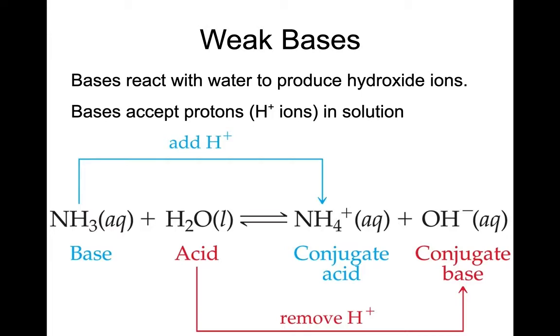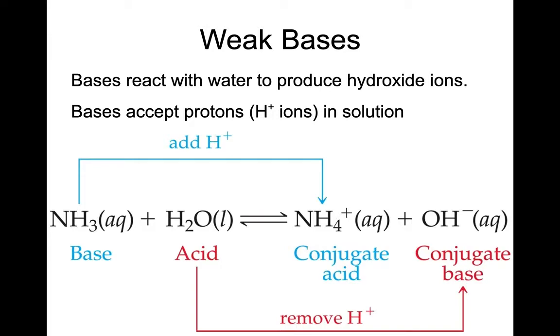So for this example reaction on this slide of ammonia reacting with water, we can identify ammonia as the base because on the product side of the equation, it has one more H than it did on the reactant side. It picked up a proton, a hydrogen ion, so it was the proton acceptor. Its base is on the reactant side.